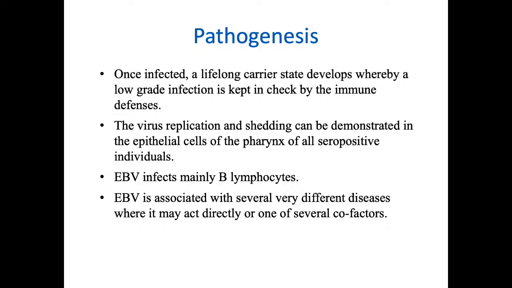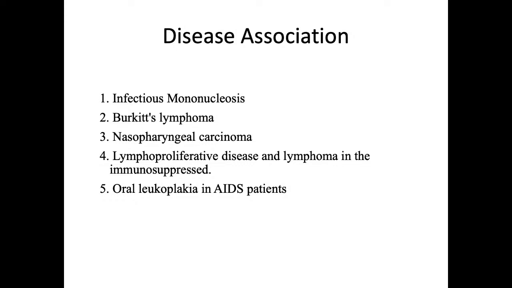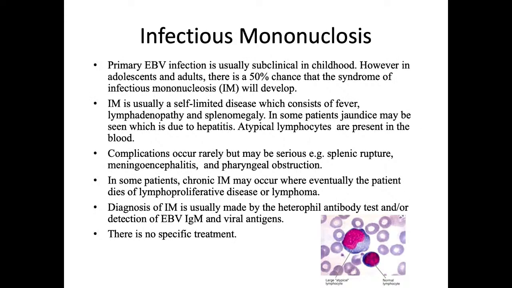And Epstein-Barr virus infects mainly two types of cells, epithelial cells and B lymphocytes, and it becomes dormant, so latent, in B lymphocytes, and can reactivate time after time. The majority of infections are asymptomatic. But in some patients we see clinical manifestation, and this is infectious mononucleosis.